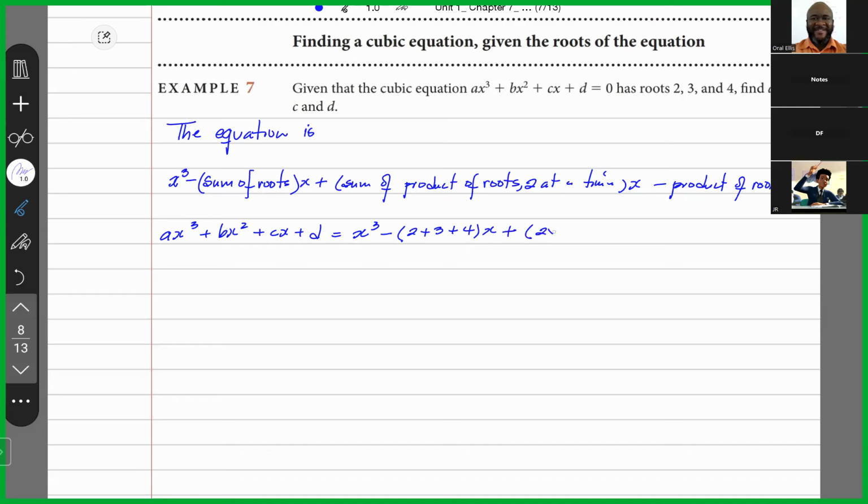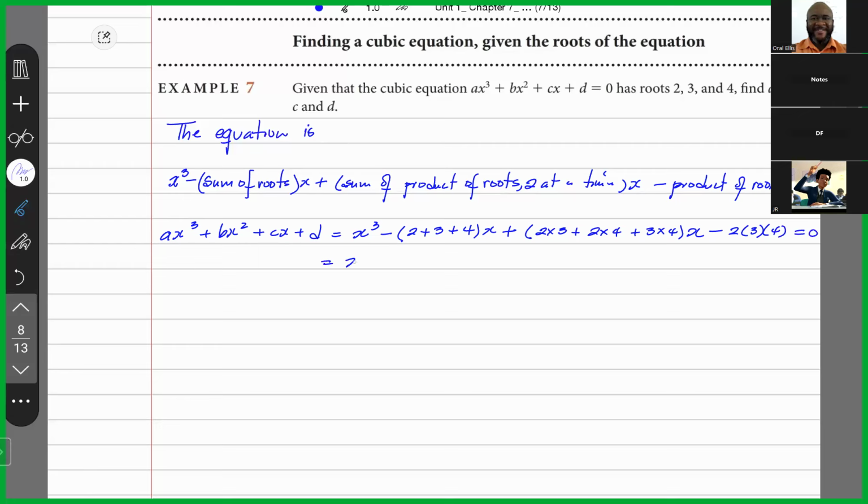So it's 2 times 3 plus 2 times 4 plus 3 times 4 x minus the product of the roots, which would be 2 times 3 times 4 is equal to 0.